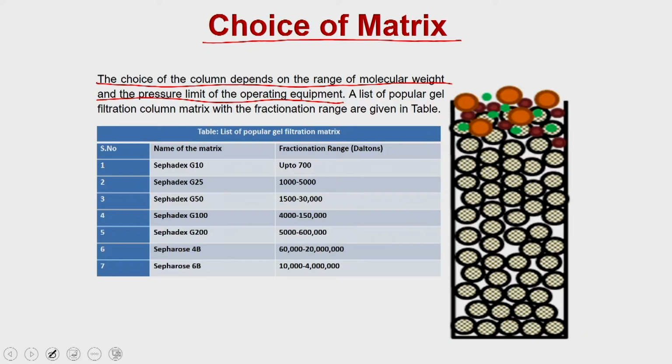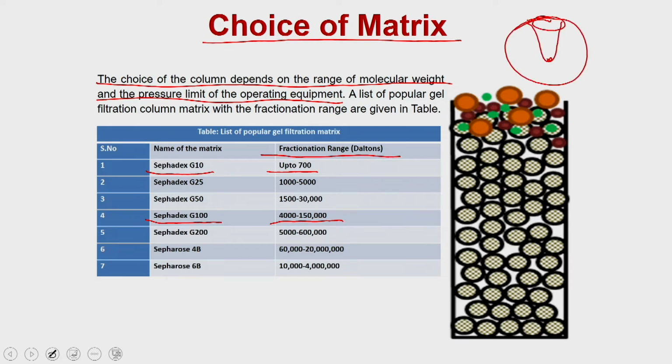For example, Sephadex G10 is a matrix which can fractionate from small molecules up to 700 Dalton, whereas Sephadex G100 can resolve from 4 kDa to 150 kDa. What is meant by the fractionation range?